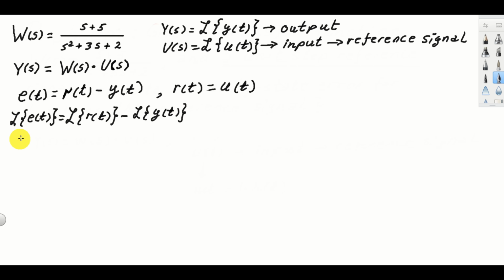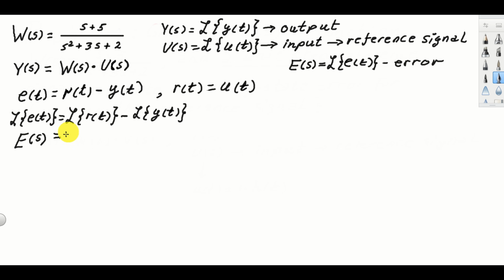Okay, we will denote the Laplace transform of E of t simply as capital E of S. So E of S is the Laplace transform of the error signal. And this is the error.